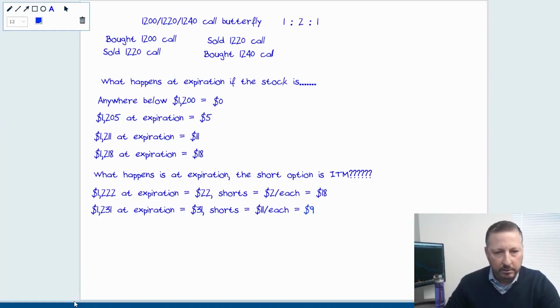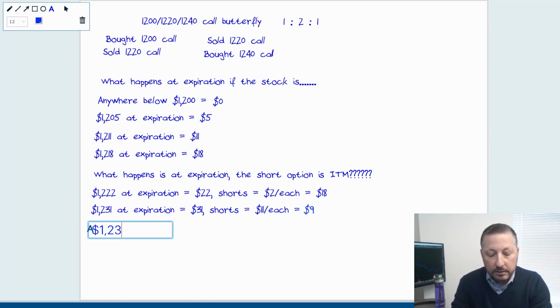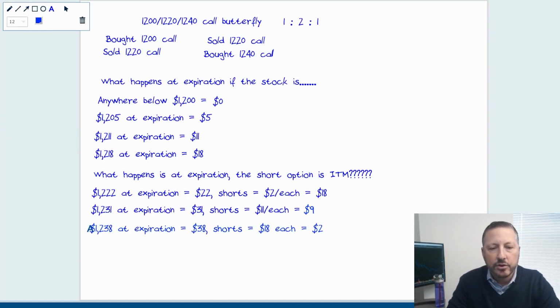And as we get closer and closer to the end of the butterfly strikes, the 12.40 in this instance, the value of this position is going to keep decreasing. Okay, so at 12.38, we have $38. The shorts are worth 18 each for a value of $2.